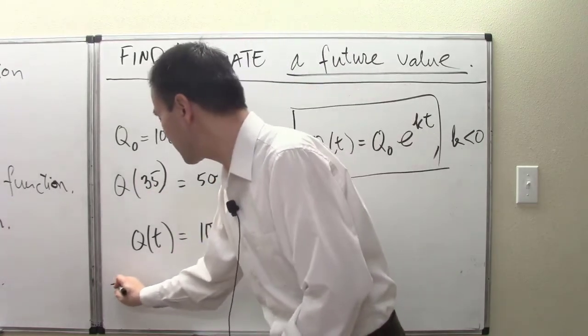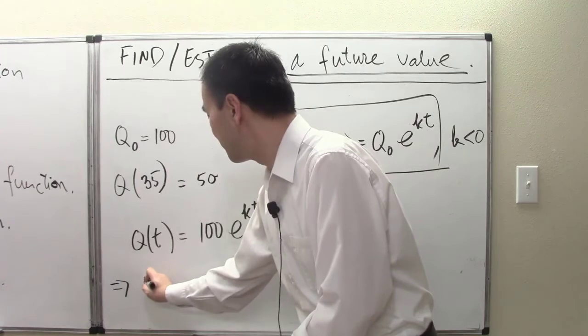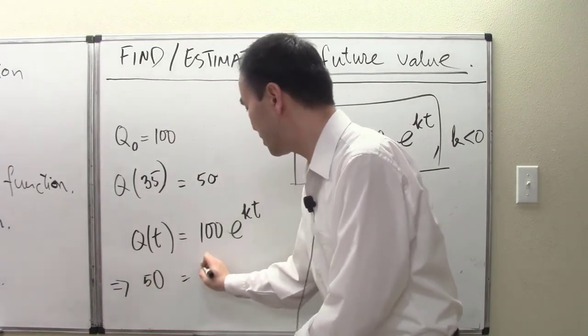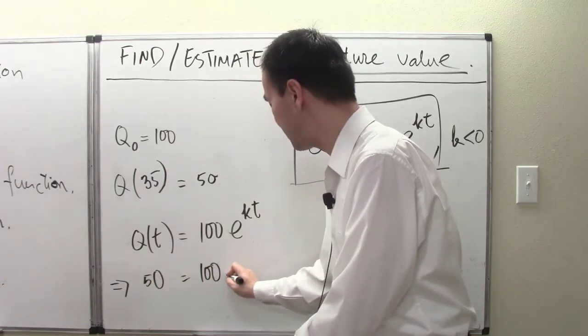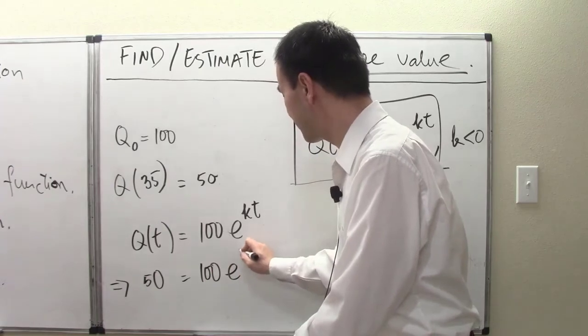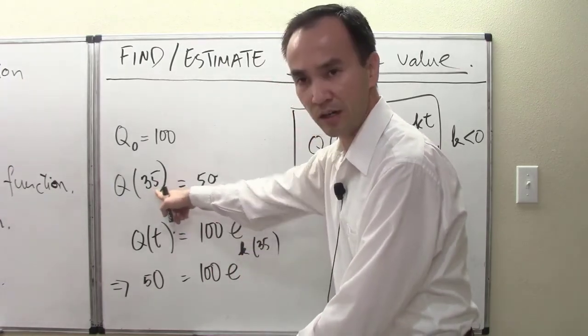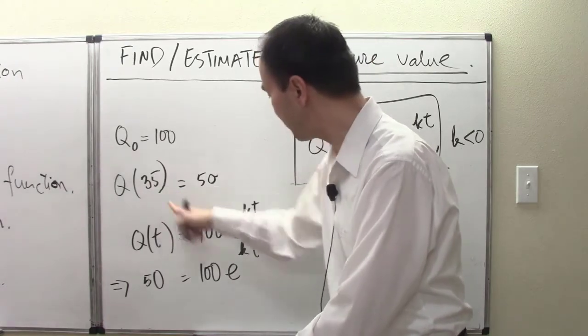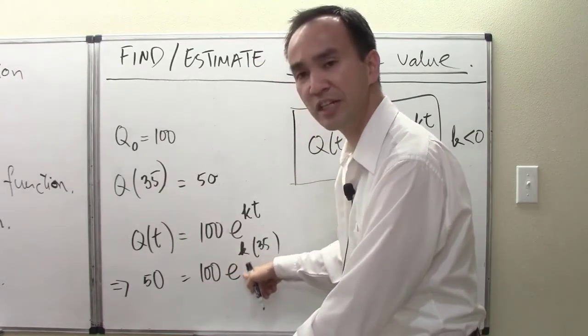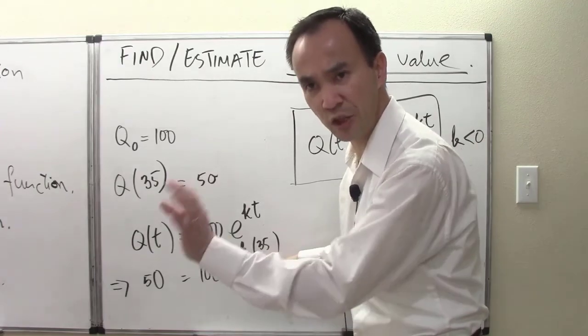So that means I'm looking at 50 equals 100 times e to the k times 35, because Q of 35 means 100 times e to the k with t substituted by 35.